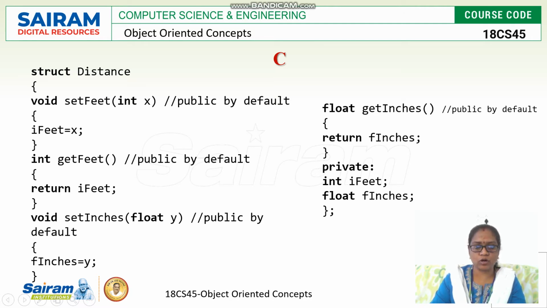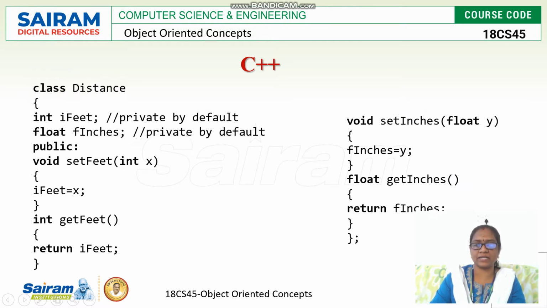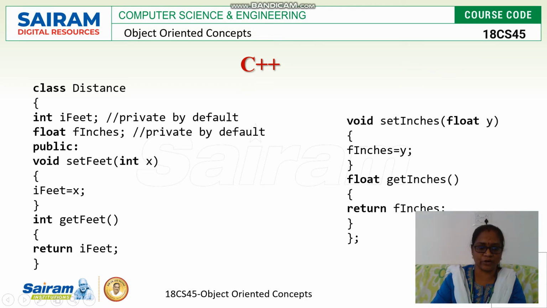This same concept is implemented in C++ with the help of classes. Here, instead of the struct keyword, class is used: class distance. Then int feet and float inches are the two data members which are declared as private. In C++, if variables are not declared with the public access identifier, they are by default considered private.